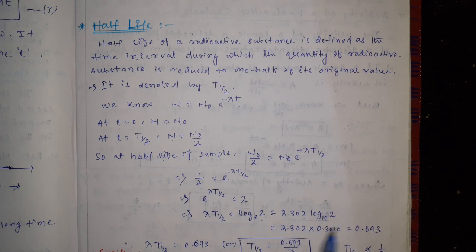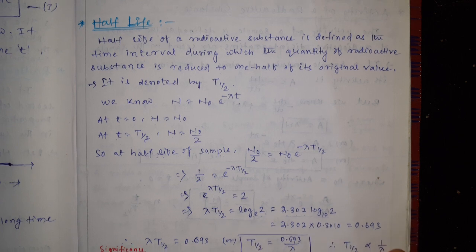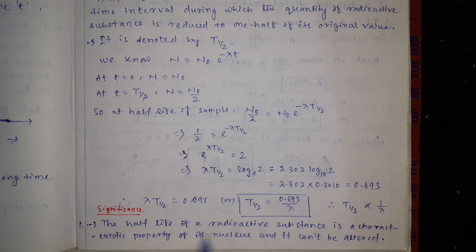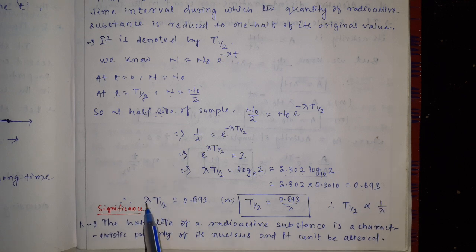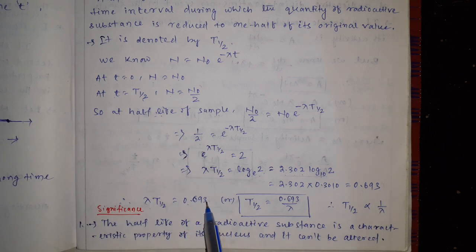This is the relation between log base e and log base 10. After some calculation, we get lambda T half equals 0.693. That means T half equals 0.693 divided by lambda.